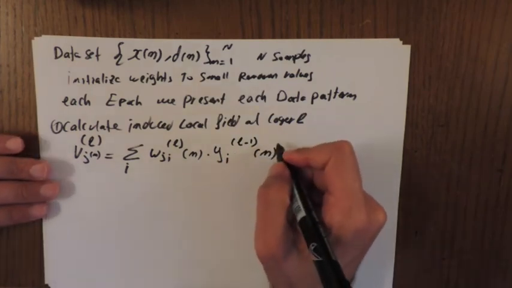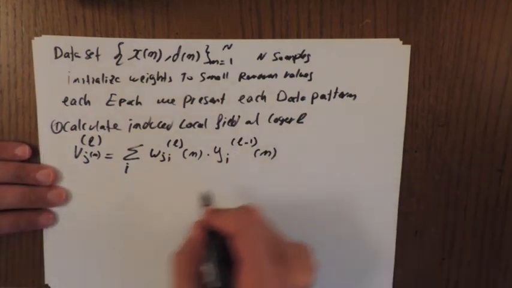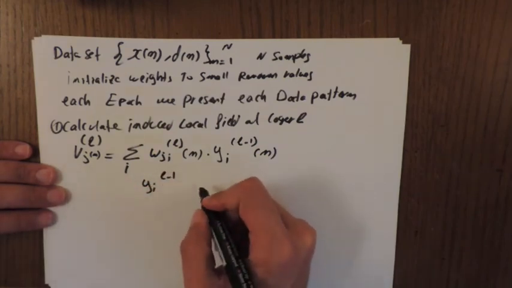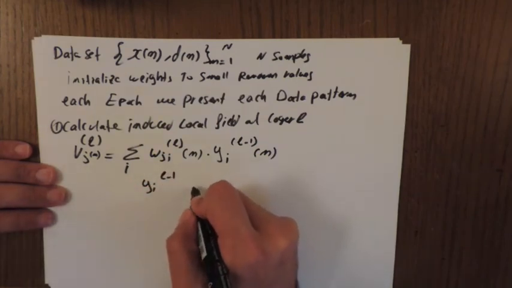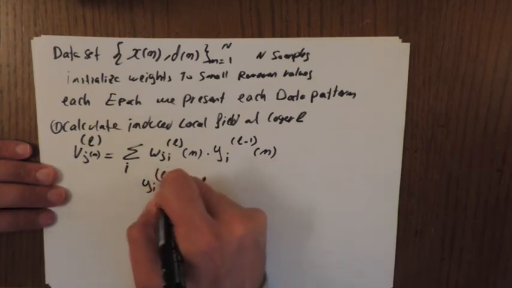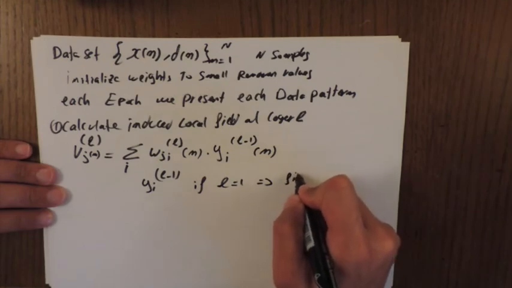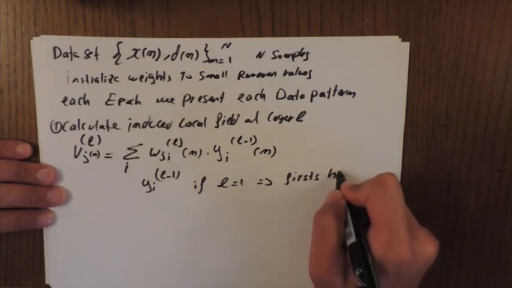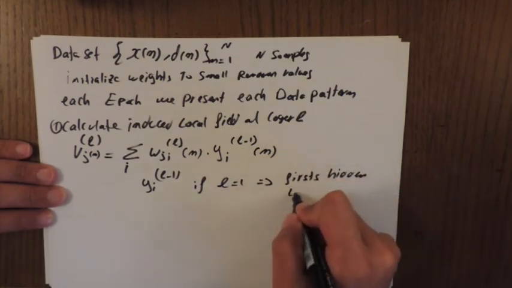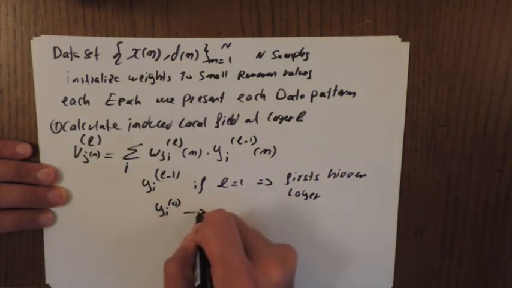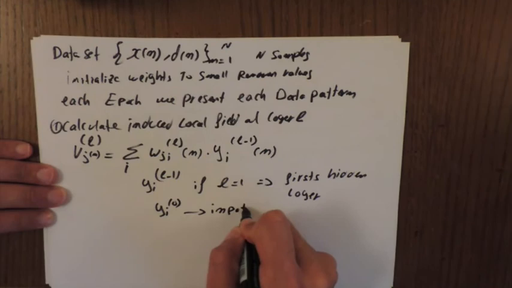Okay, so in this case, yi of L minus 1, if L equals 1 implies the first hidden layer, and yi of 0 is the input.